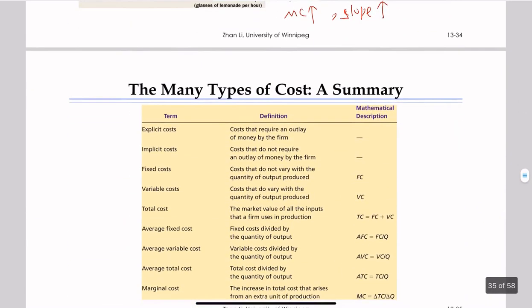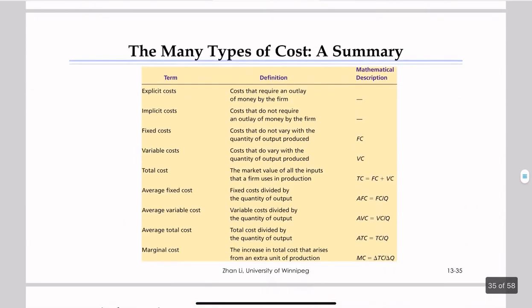Okay. Now let's summarize what kind of costs we have learned. The first two are from the first part of this chapter, right? Explicit cost and implicit cost. Remember that if you can see an outlay of money from the firm, then it is an explicit cost. And if you cannot see this outlay of money, then it is an implicit cost.